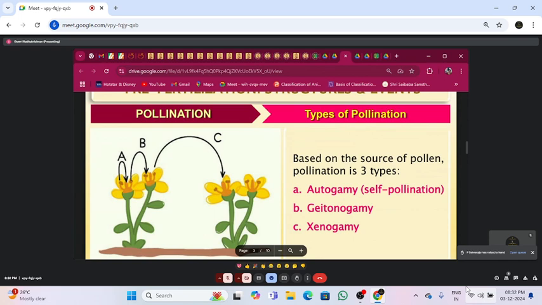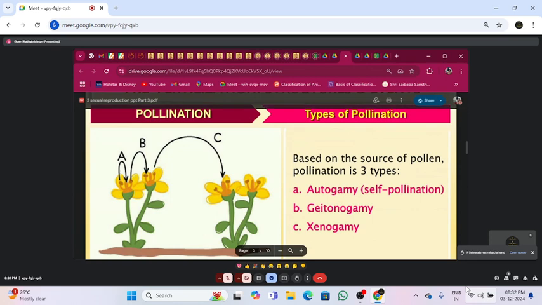That is self-pollination, in the same flower, from anther to stigma. In the same flower, from the anther to the stigma of the same flower is autogamy or self-pollination.